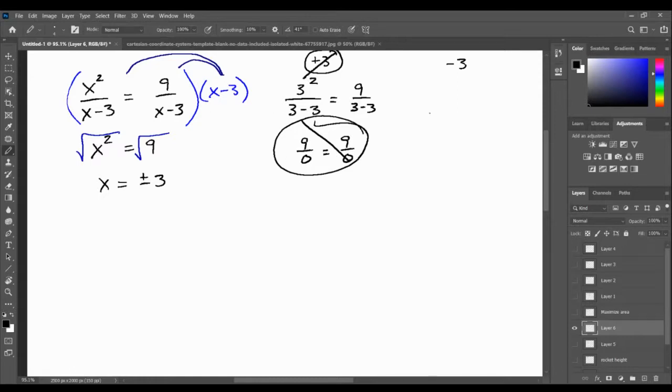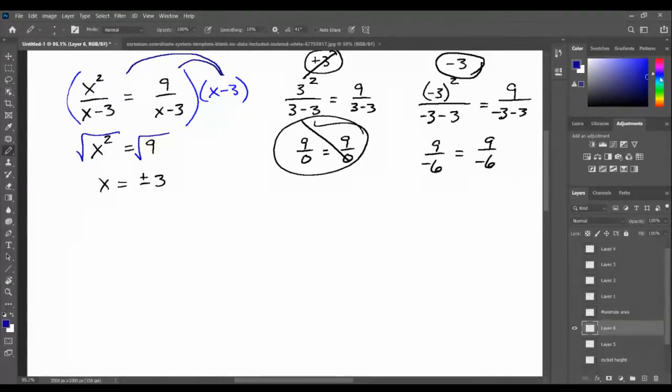It didn't check out very well. Negative 3 squared over negative 3 minus 3 equals 9 over negative 3 minus 3. So now I've got 9 over negative 6 equals 9 over negative 6. That works. So negative 3 is the solution to this particular problem.